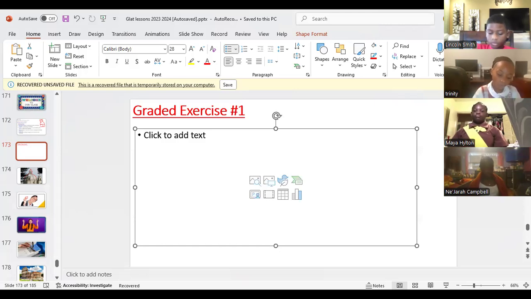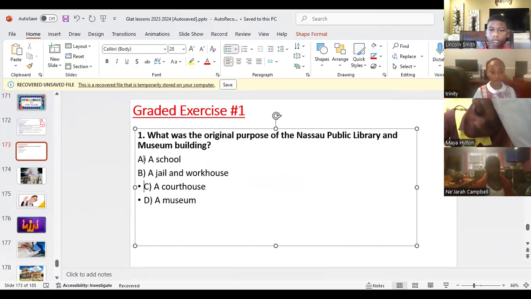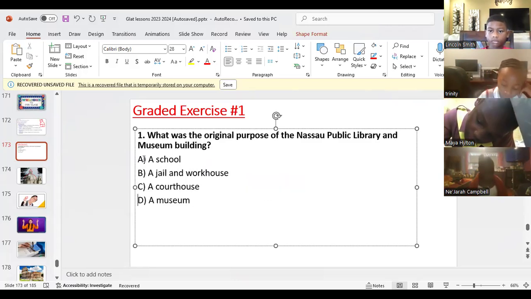Are we copying? Yes. Question number 1, what was the original purpose of the Nassau Public Library?